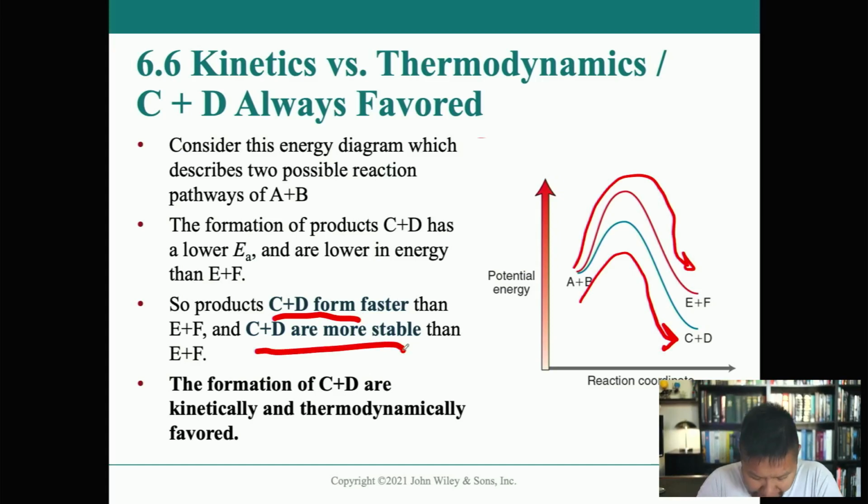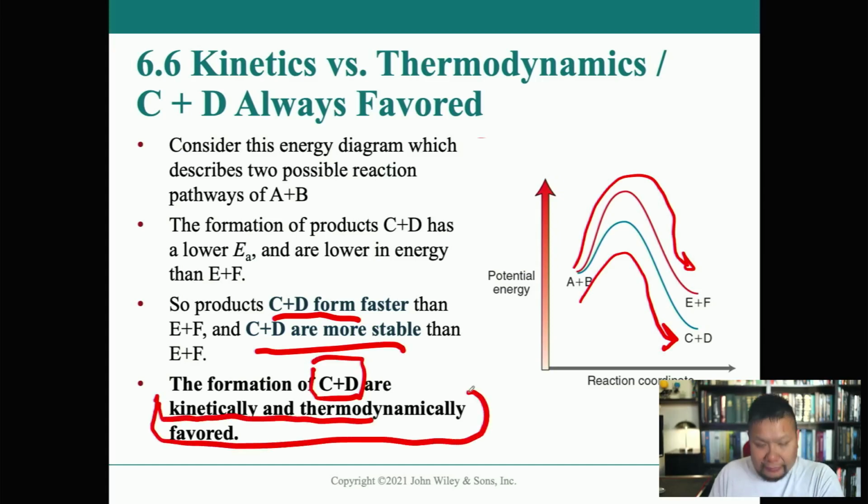So C and D are both kinetically and thermodynamically favored. C and D here would be both the thermodynamic product and the kinetic product.